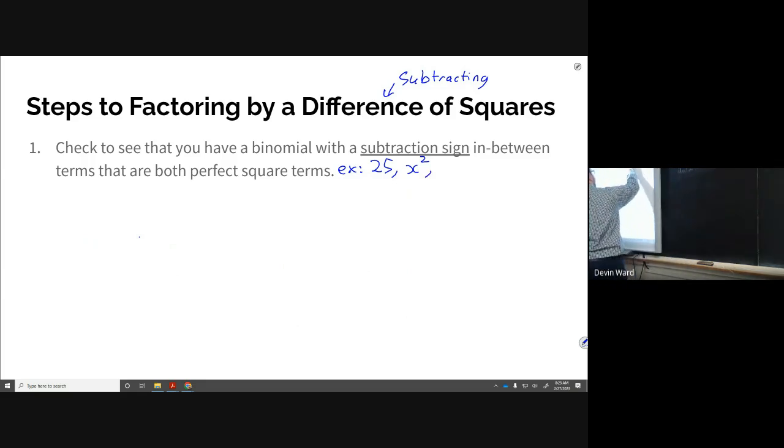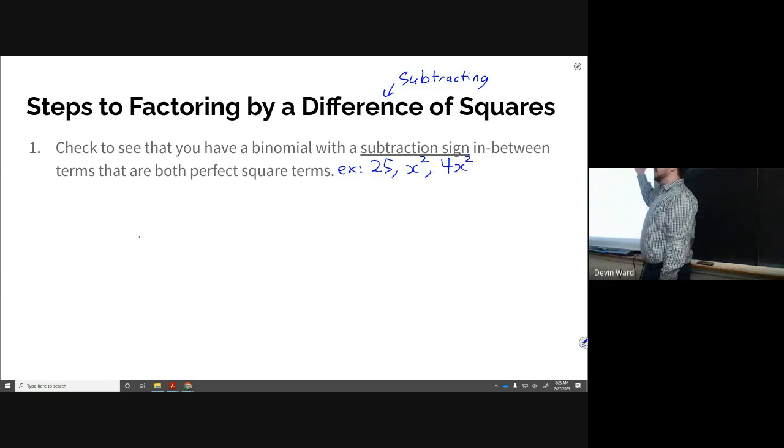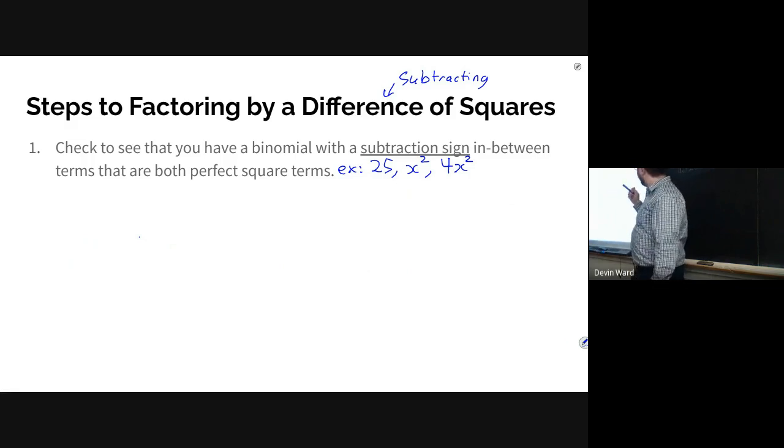You could have 4x squared, because 4 is 2 squared and x squared is x times x. So these are all perfect square terms. You can have a number by itself, a variable by itself, or a number and a variable together.